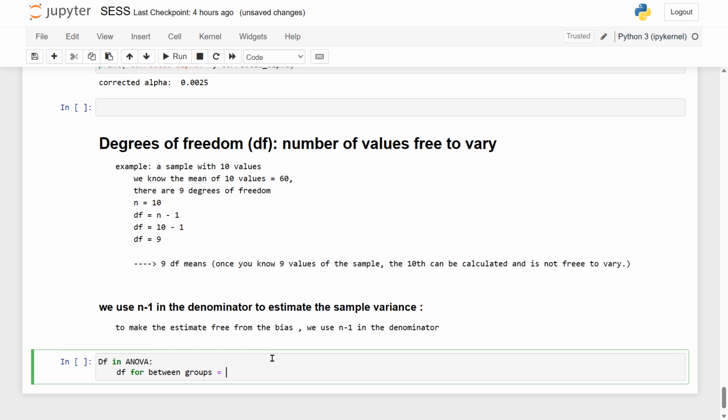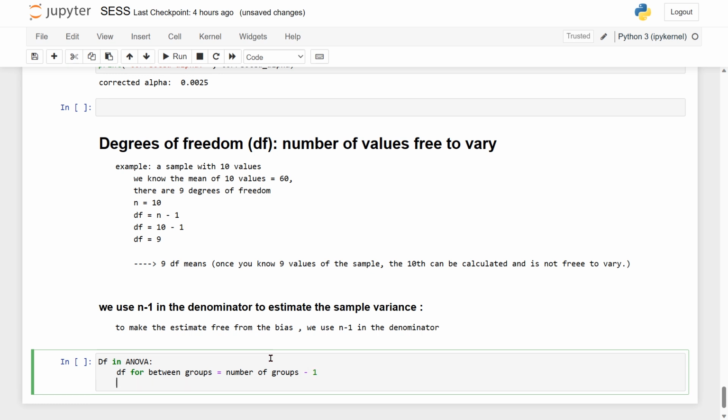The formula is what we have given there. The between group variation is equal to the number of groups minus 1. Okay, so number of groups minus 1. This is specific to ANOVA.